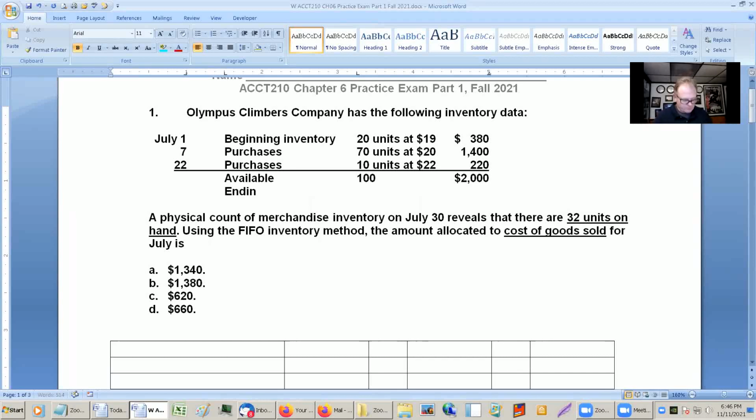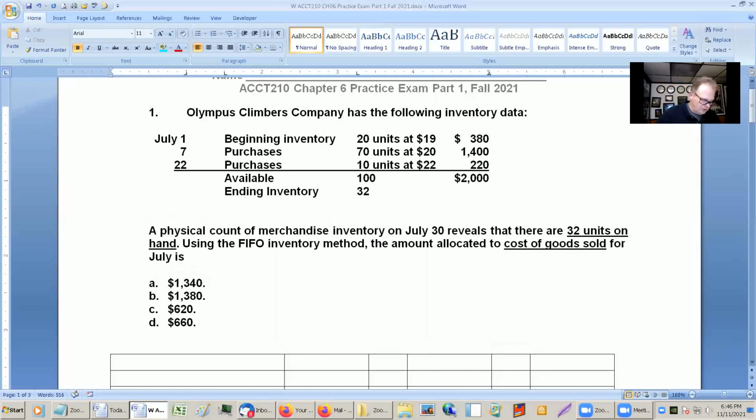So they still have 32 left, so 32 of them were not sold. How many units were sold? 68. Of the 100 that were available, they were either sold or they weren't sold. So 68.